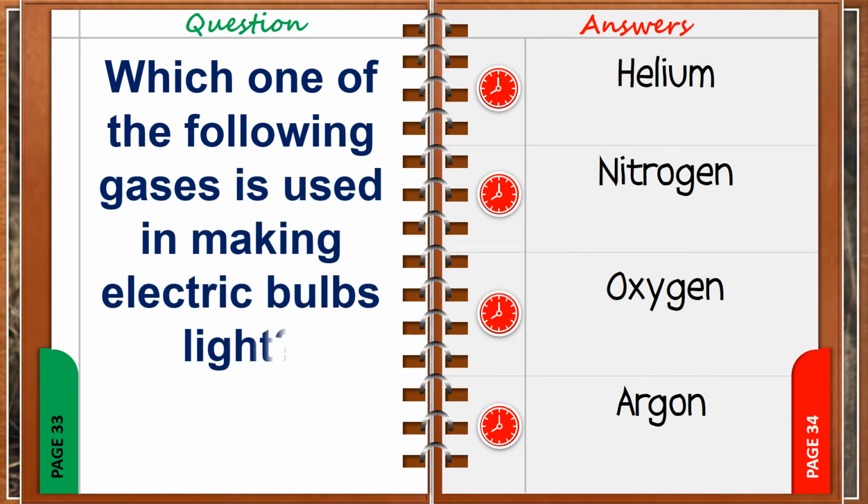Which one of the following gases is used in making electric bulb light? Argon.